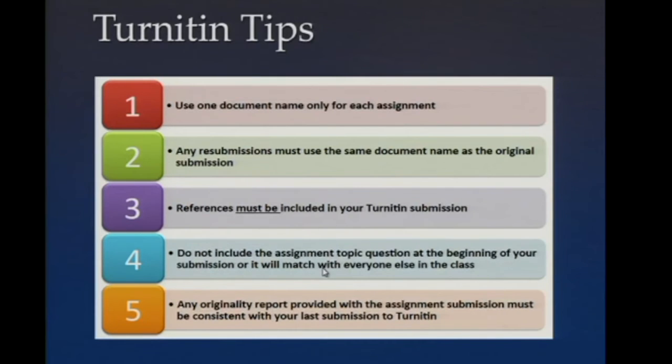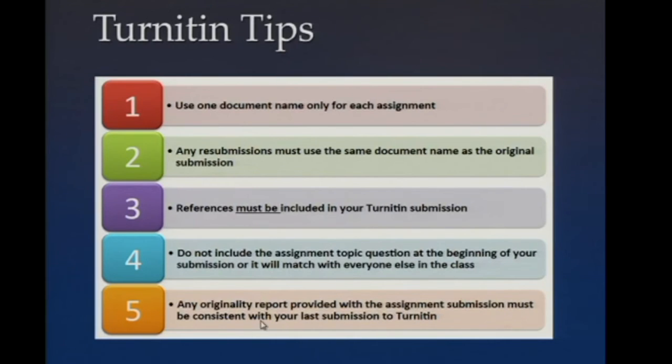Whoever's marking your work already knows what you're doing. They already have the list of everything. If it's easier for you to write an assignment with the questions, put them in there when you're working on it and then take them out before you put it through Turnitin. Save a copy with the questions in it, and you can work through them, and then when you put it through Turnitin, take those questions out. Okay? Just things like that can make a difference to your score.